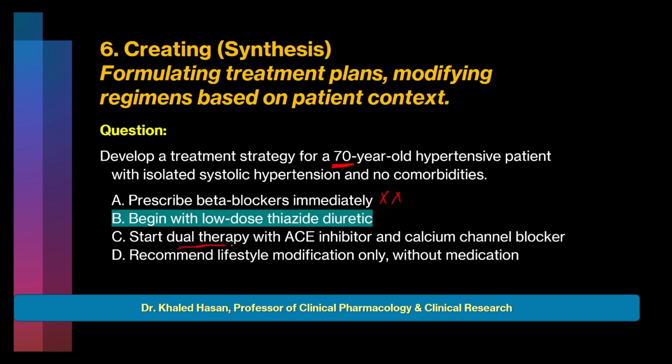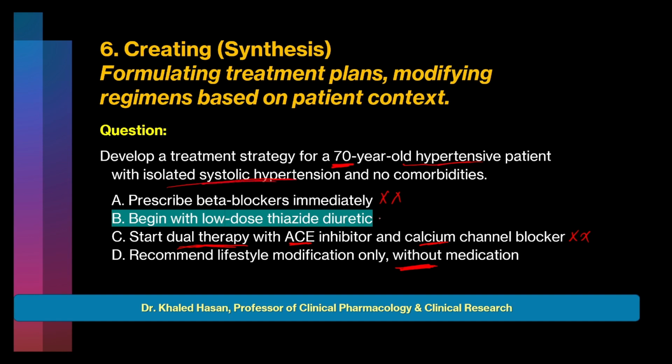It's considered aggressive therapy, like ACE inhibitor plus calcium channel blocker. We don't recommend using two medications. Okay, so the last one, lifestyle modification only without medication. The result could be associated with complications of hypertension, isolated hypertension.